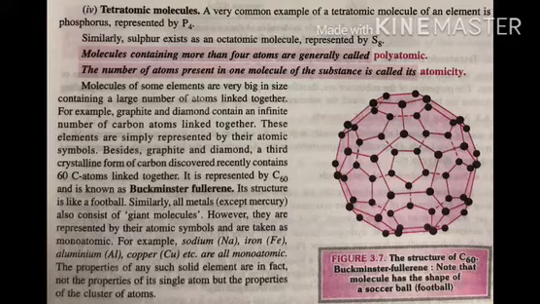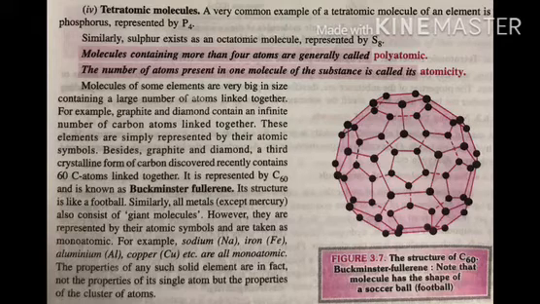The number of atoms present in one molecule of a substance is called its atomicity. Molecules of some elements are very big in size, containing a large number of atoms linked together. For example, graphite and diamond contain an infinite number of carbon atoms linked together. These elements are simply represented by their atomic symbols.